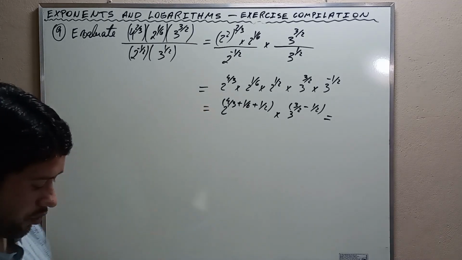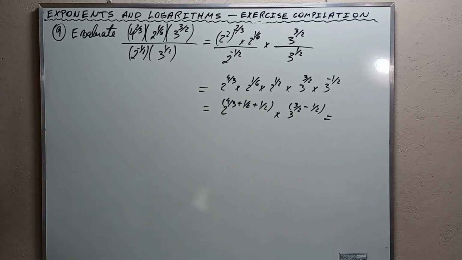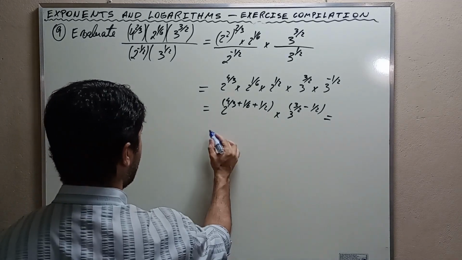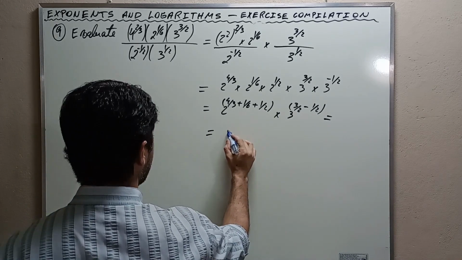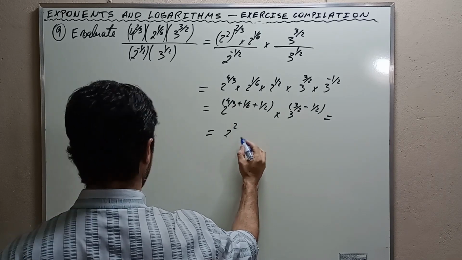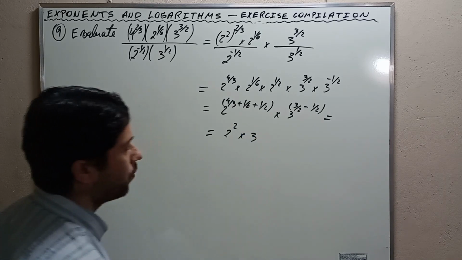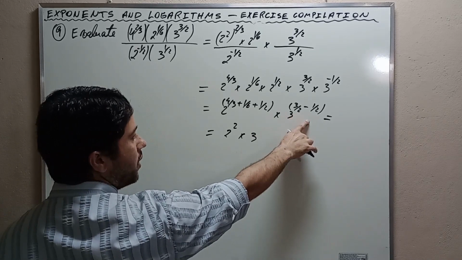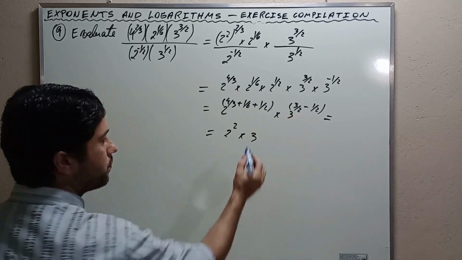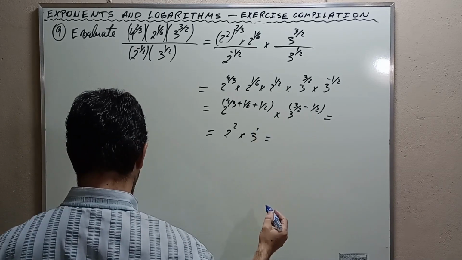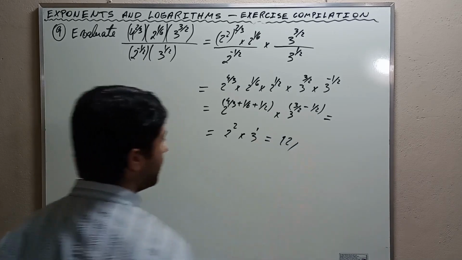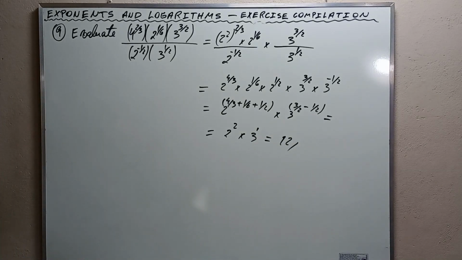Taking the lowest common denominator, we find that it is ultimately 2 squared times 3. Okay? 3/2 minus 1/2 is simply 1. And this is equal to 12. And this is the solution of exercise 9.